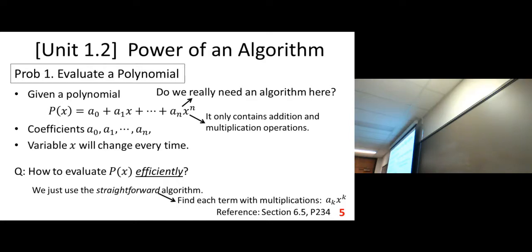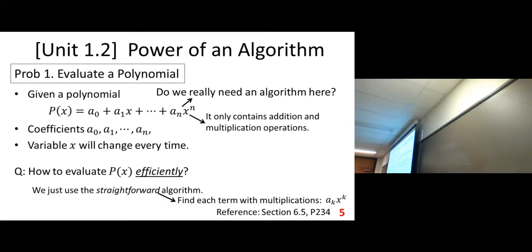So what do we do? Because we want to look at efficiency, how do we look at efficiency? We want to find the number of multiplications we need to calculate the polynomial. We need a lot of multiplications. How do we get the total number of multiplications? We need to look at each term.